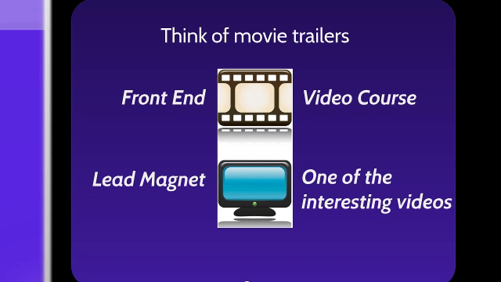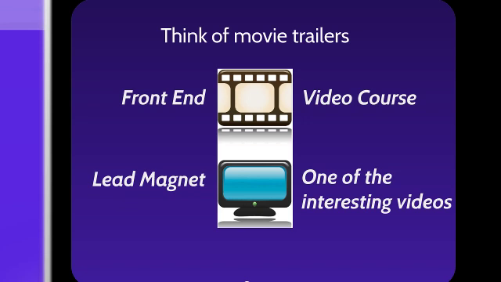If it's a private label rights video course, or a video course with resale rights, you need to make sure that you have the rights to do this. But generally speaking, instead of showing the whole video, you show snippets of the best parts. And that's a way that you can get around the system.